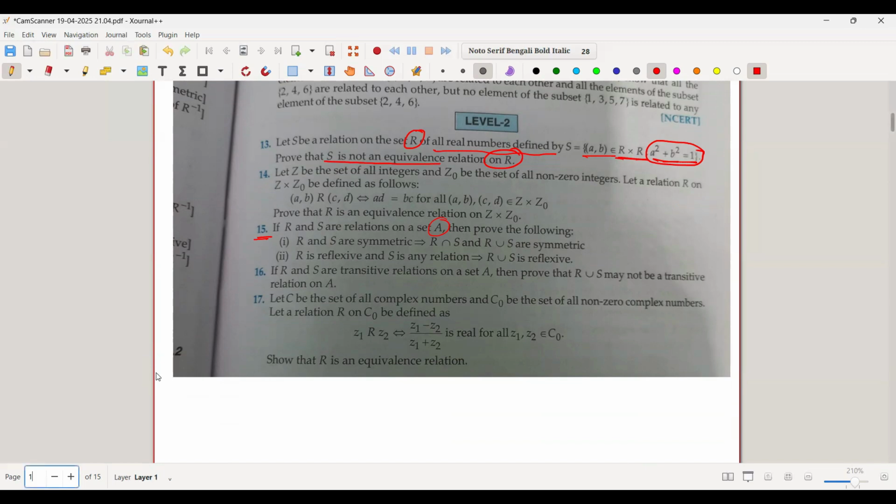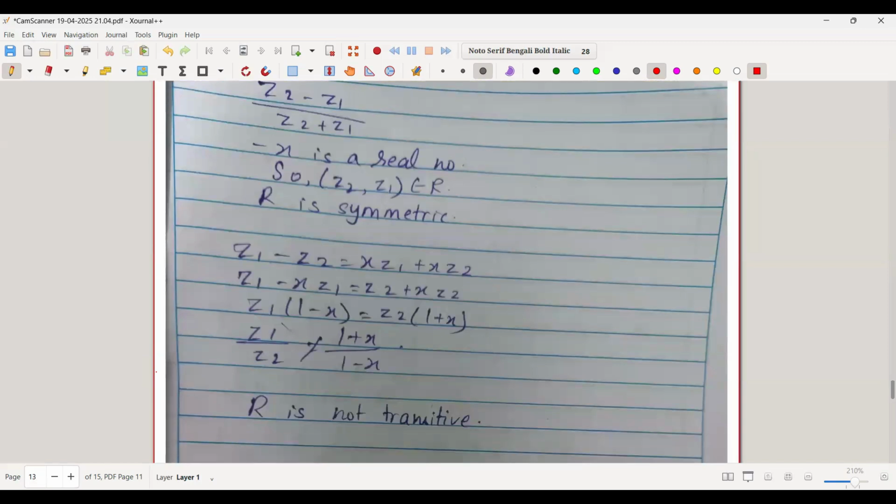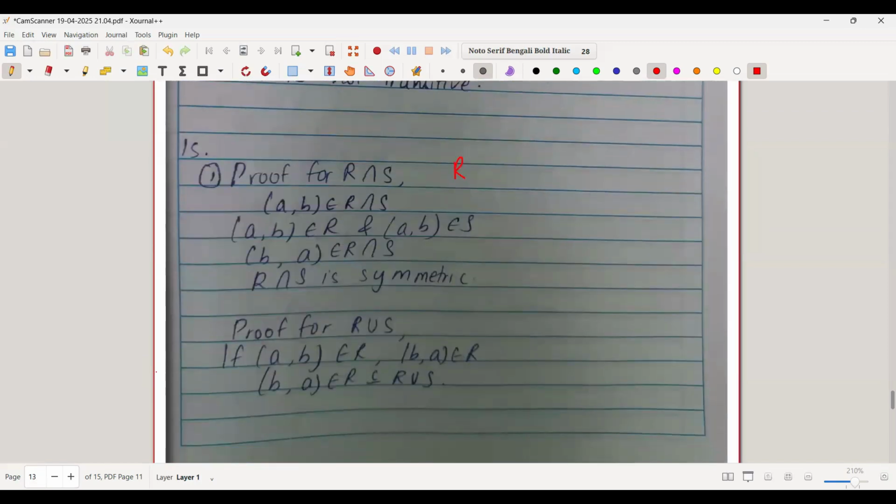Okay. So you have to write before that, R and S are relations on A. Write those things so that whoever is checking your answer can understand clearly. So R and S are relations on A, and for the first proof, R and S are symmetric.